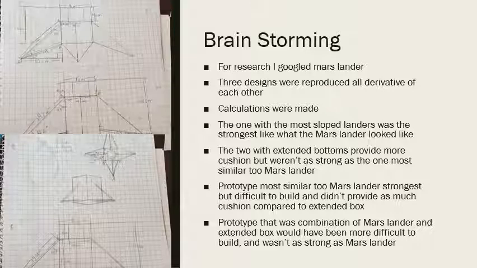The prototype that was most similar to the Mars lander was the strongest one, but it was pretty difficult to build as well. And also, it did not provide as much cushion as the legs met with just the lander right there, and that was all that was stopping it from absorbing too much energy.